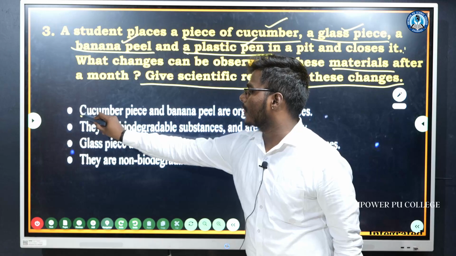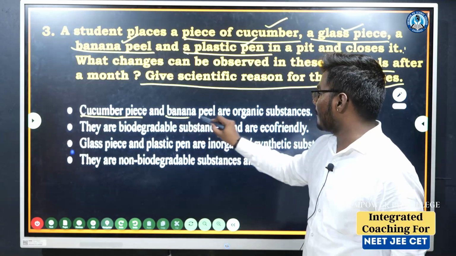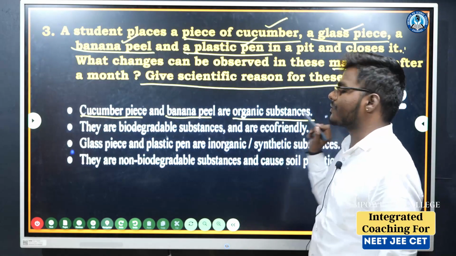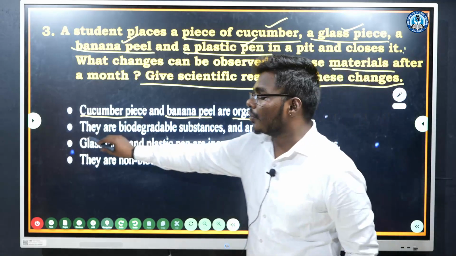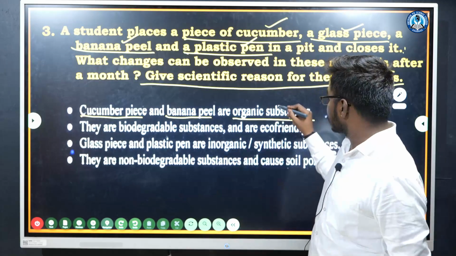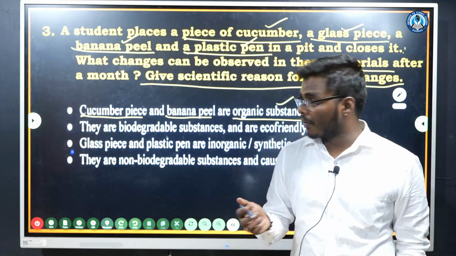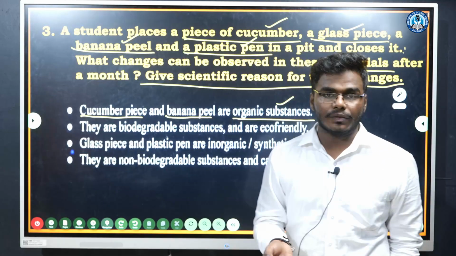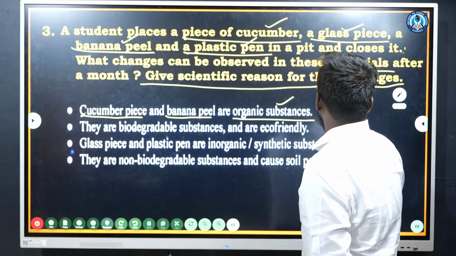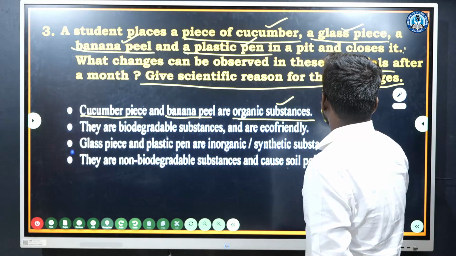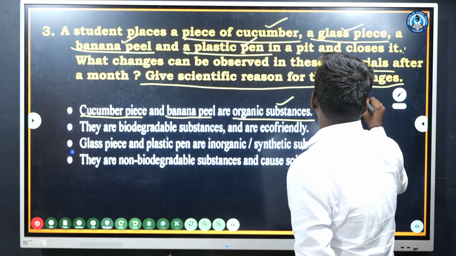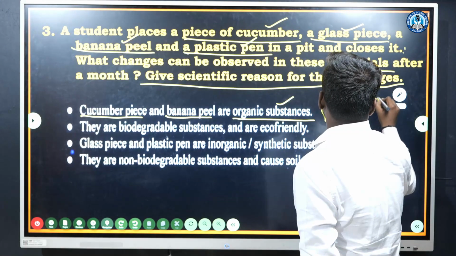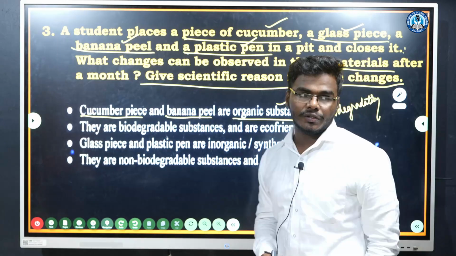Cucumber piece and banana peel are organic substances. Organic substance means they can easily undergo biodegradation.